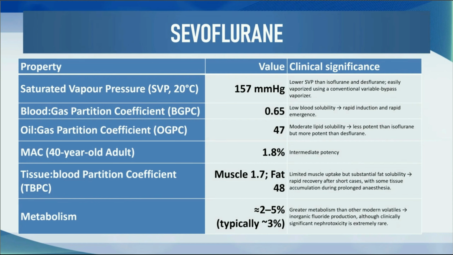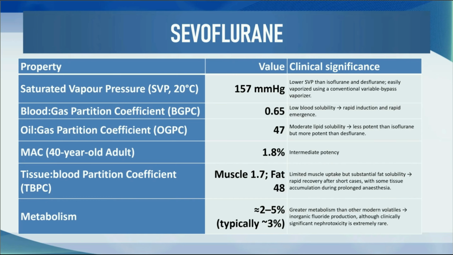It has a blood gas partition coefficient of 0.65, so it's much less soluble in blood than, for example, isoflurane. However, it is more soluble in muscle and in particular fat than desflurane, and that means that patients will be slower to emerge from anesthesia when given sevo versus desflurane. There's also significantly more metabolism, and this is potentially a problem for very long operations.